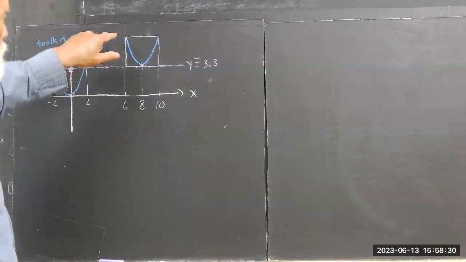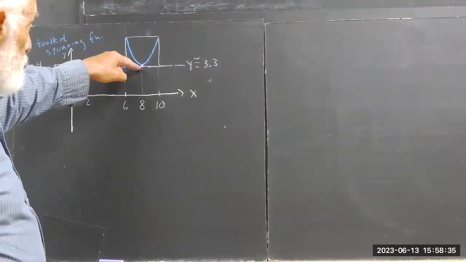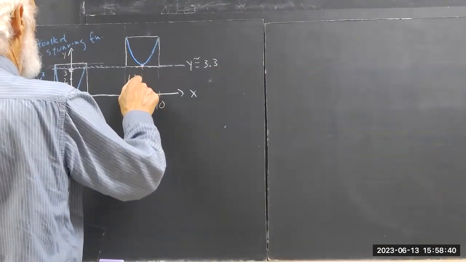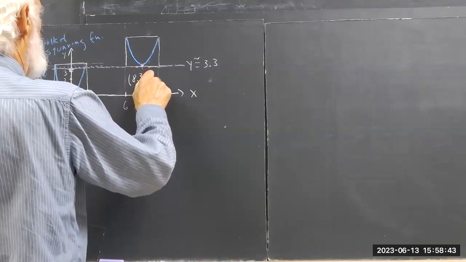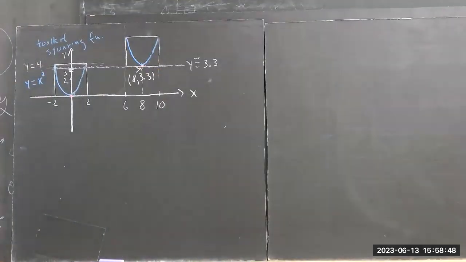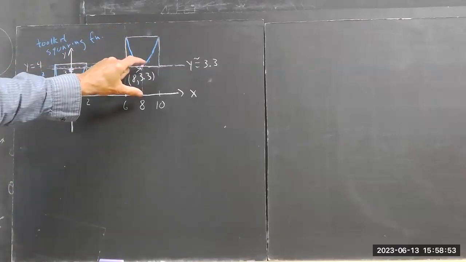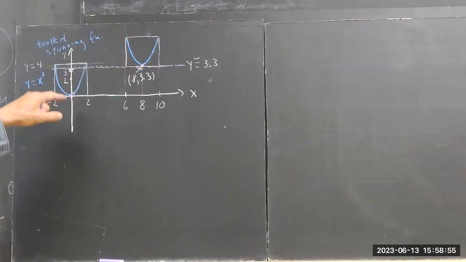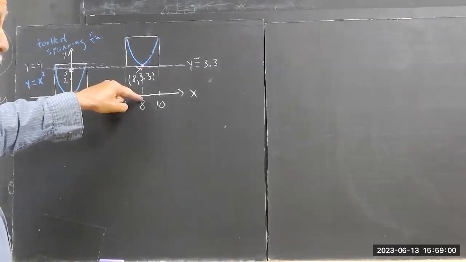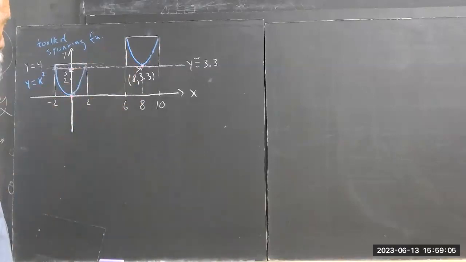Now I'm going to tell you what the equation for this parabola would be, assuming that this point is the point (8, 3.3). Okay. What I've done is I've shifted this graph 8 units to the right and 3.3 units up, because of course I trace what happens to the origin. To go from x equals 0 to x equals 8, I moved it 8 units, very clear, and I had to move it up 3.3 units.